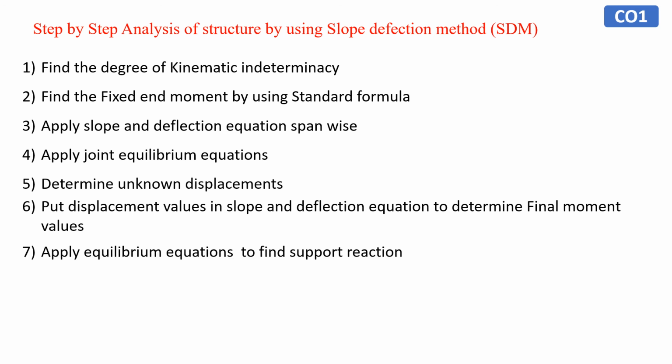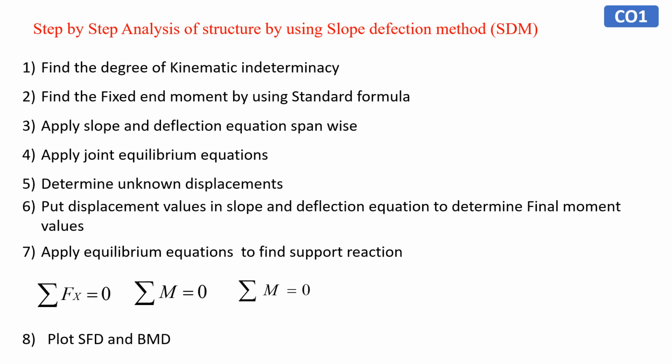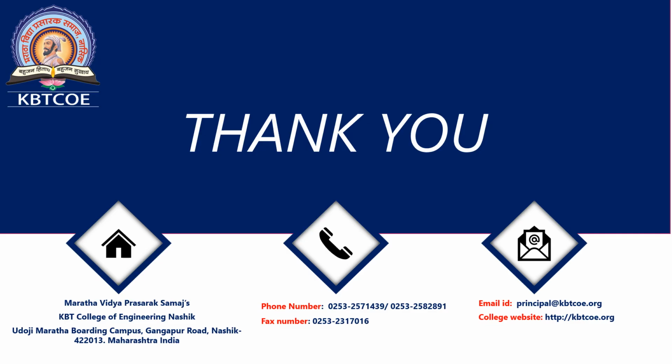Then apply equilibrium equations to find the support reactions. To get the support reactions, we have to apply summation Fx, summation Fy and summation moment equal to 0. These equations we have to apply, and plot SFD and BMD. Thank you.